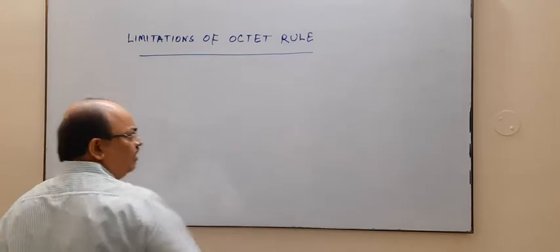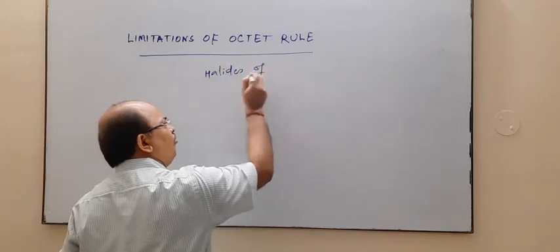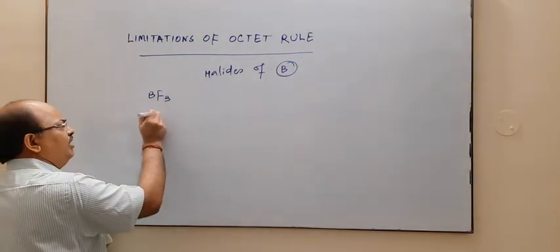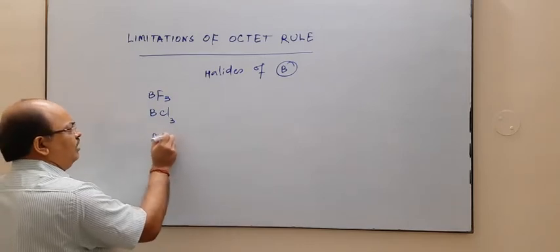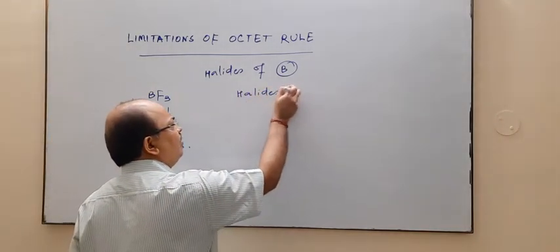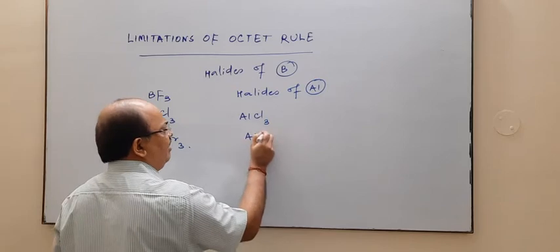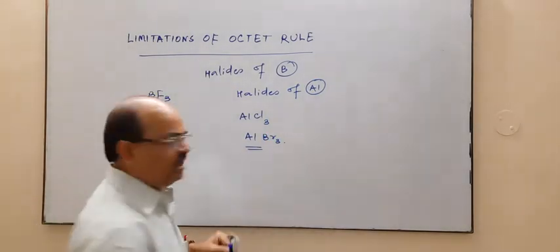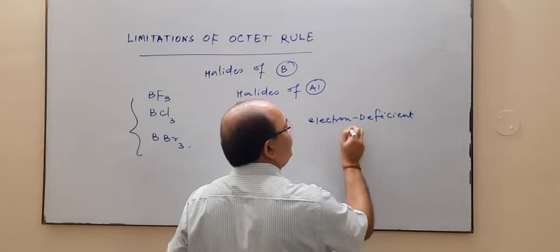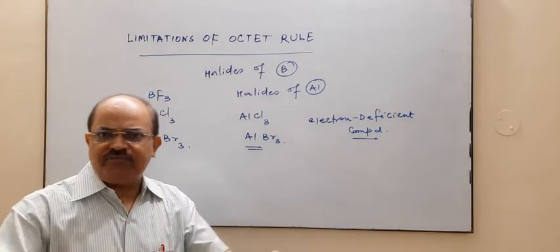For example, if we consider the halides of boron, such as BF3, BCl3, BBr3, and similarly the halides of aluminium, that is AlCl3 and AlBr3, they are referred to as electron deficient compounds.